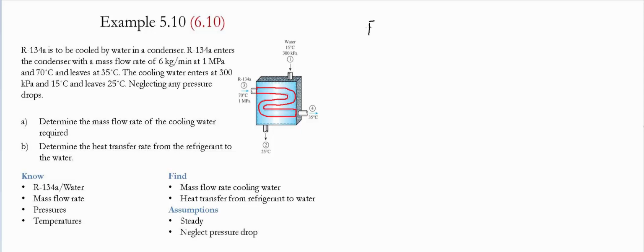So we write the balance of energy. The rate of energy in is equal to the rate of energy out, and in this case the energy going in is going to be the mass flow rate at 3 times H3, and what is leaving is going to be the mass flow rate at 4 times H4, and the heat that is being lost from the refrigerant into the water, we're simply going to take to be Q dot out.